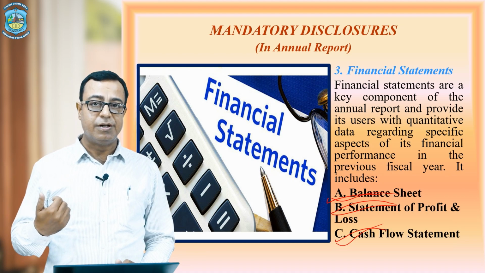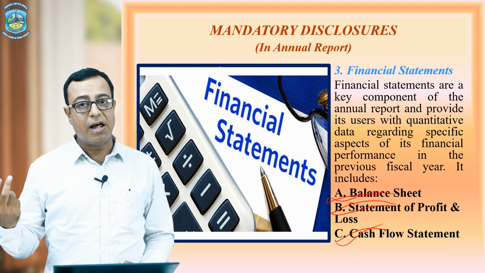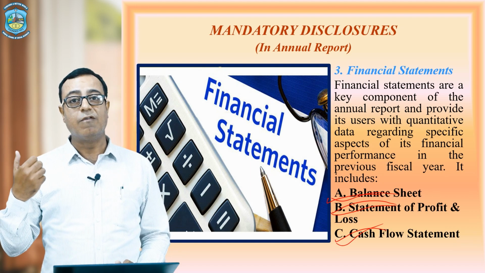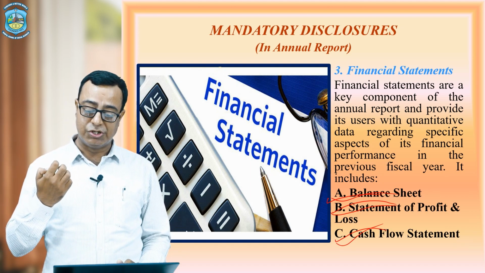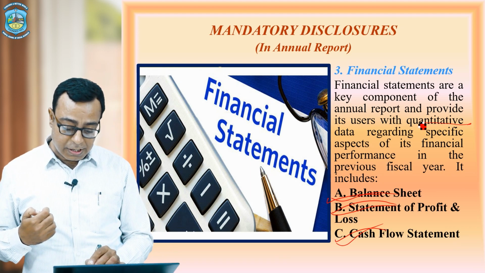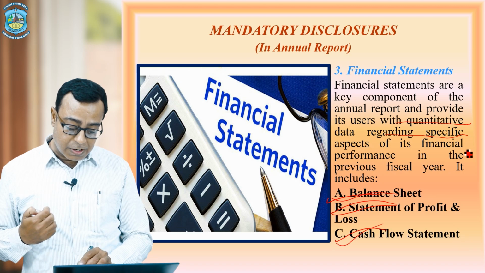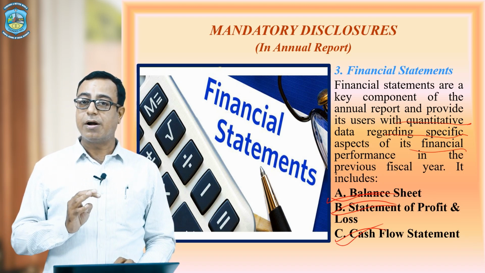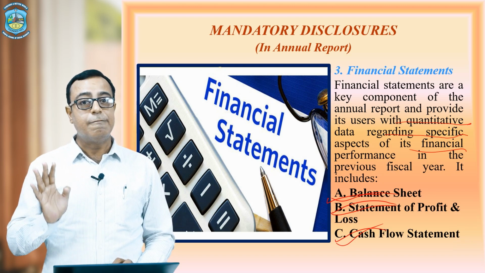Through the balance sheet, they will know the assets and liabilities, and through cash flow, they will know the cash flow of the company during the previous financial year. This report provides quantitative data related with a particular financial year, and this is the most important part of every annual report published in India.